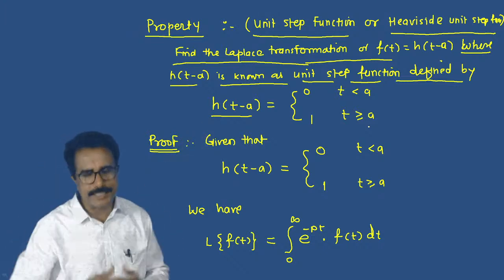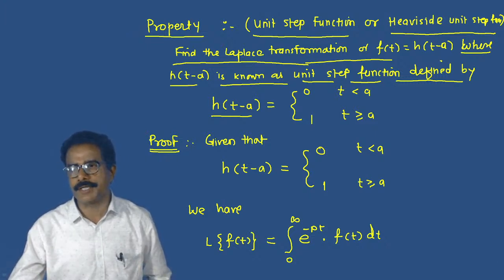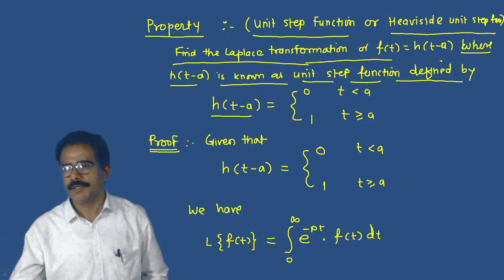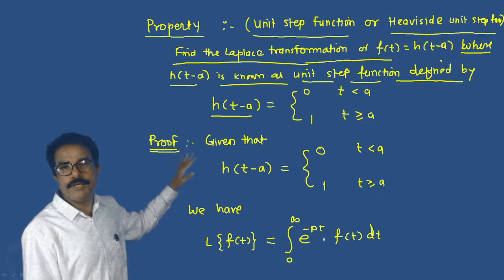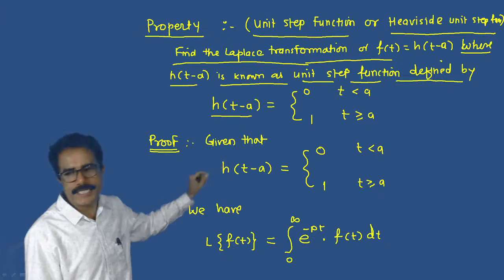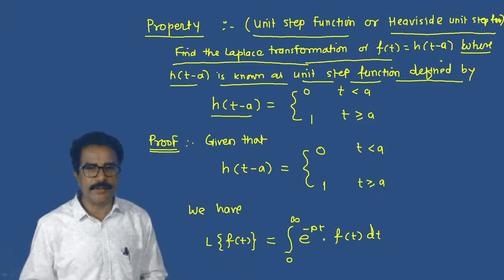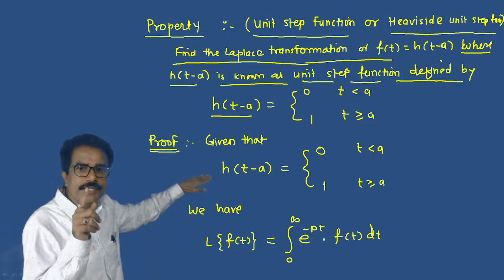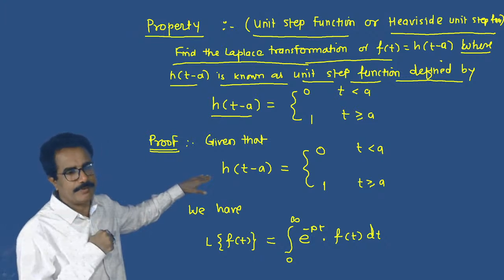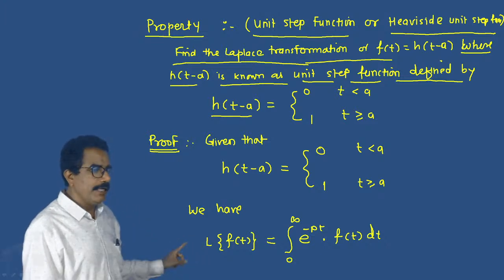Now our next aim is to find the Laplace transformation of the unit step function. Given that h into t minus a is equal to 0 when t is less than a, and 1 if t is greater than or equal to a, this is the definition of the unit step function.